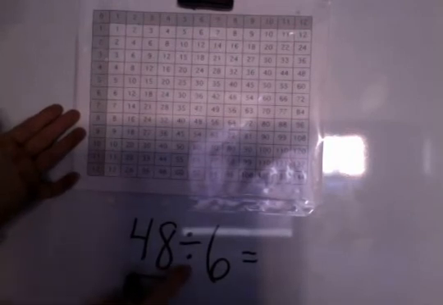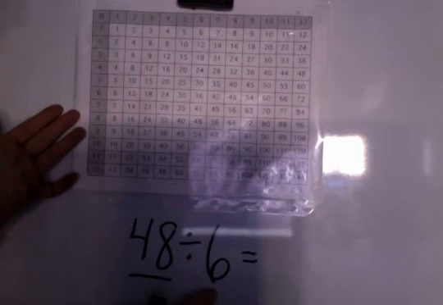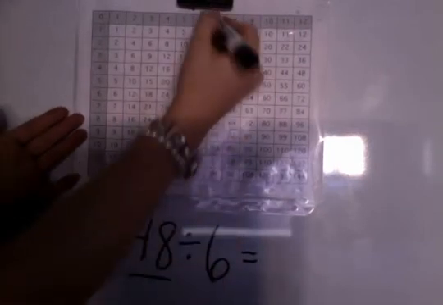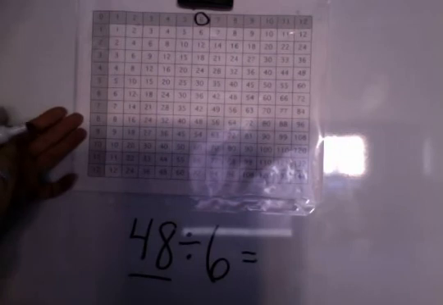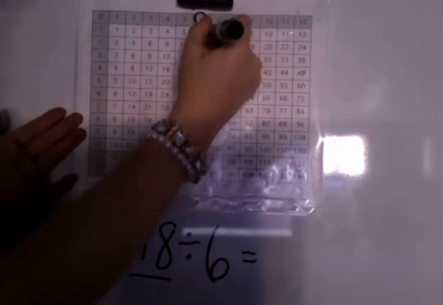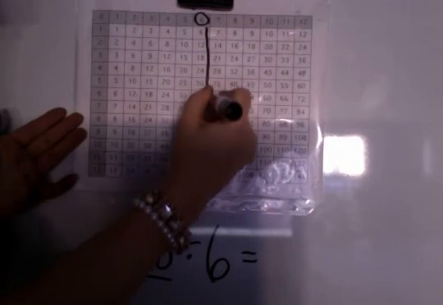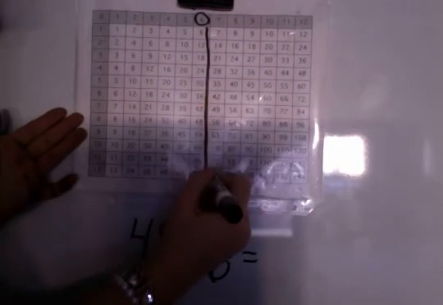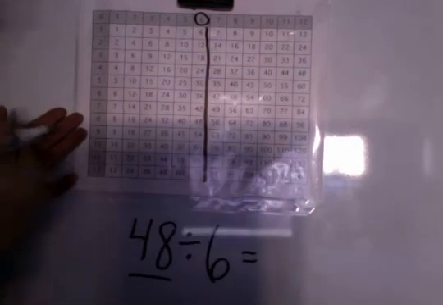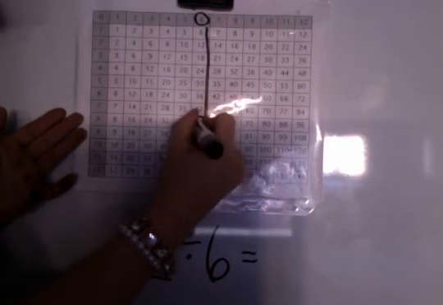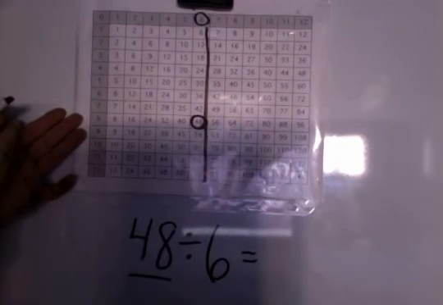But I'm looking for it in my 6 column. So here's my 6 column. Find your 6 and circle it. So in this column, I am looking for the number 48. My number 48 is right here.